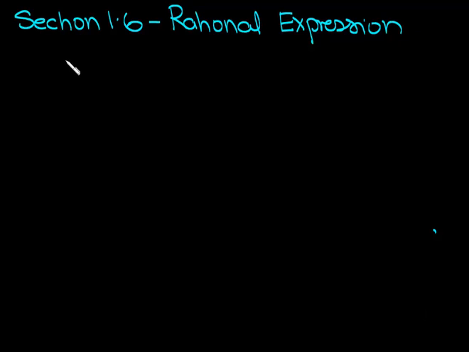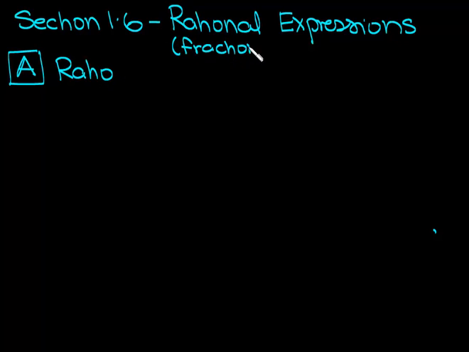Section 1.6, Rational Expressions. So we're going to talk about rational expressions in this section and what we can do with them. Let's first start by defining what a rational expression is. If you recall, I mentioned earlier, rational is just a fancy word for fraction.